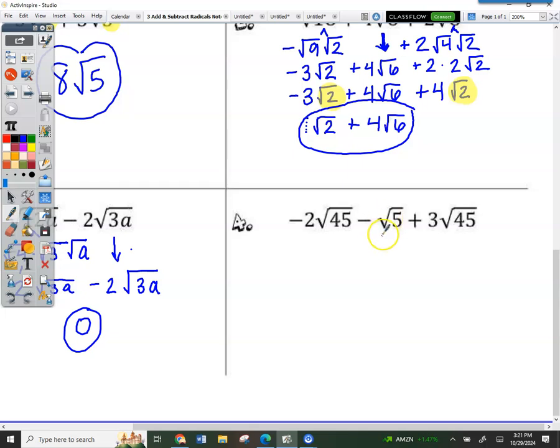45 and 45. Negative 2 square root 45. Positive 3 square root 45. So how many square roots of 45 would we have? If we have negative 2 and we're adding 3, we have positive 1.